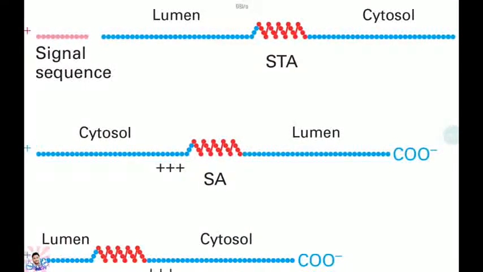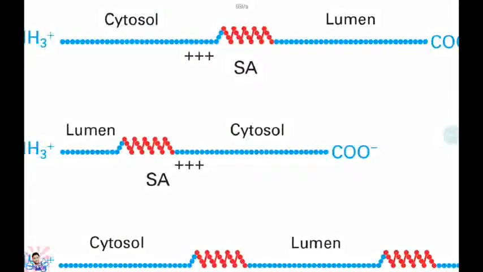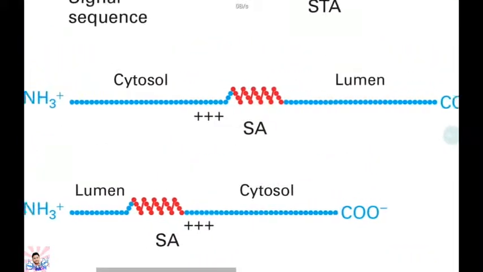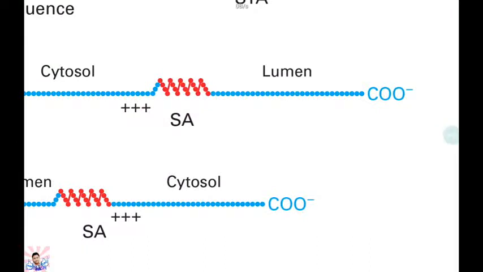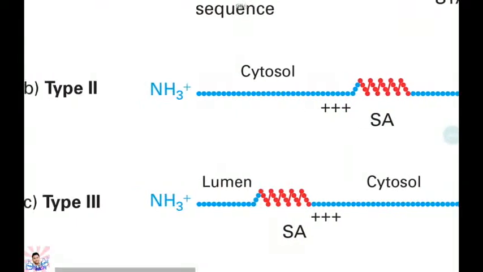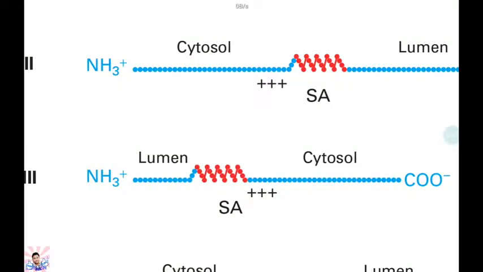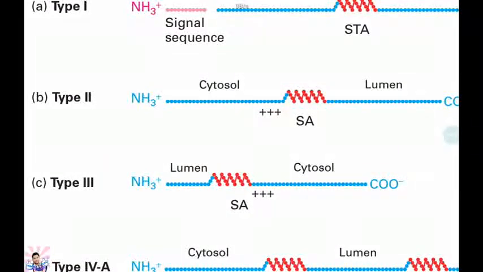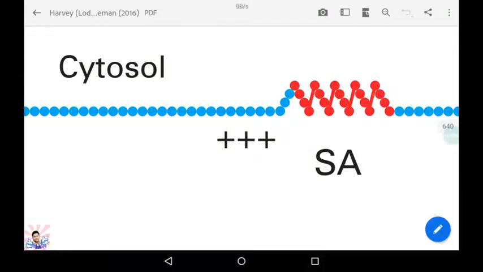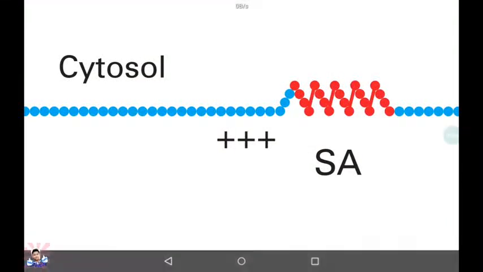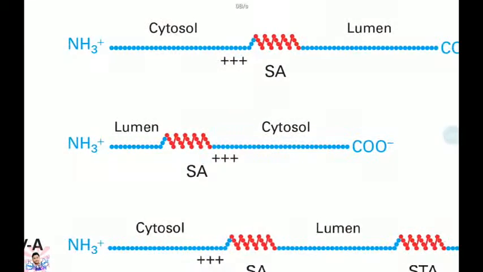Here is the cytosol with the positive charge, and the carboxyl terminal is just opposite to that of type 2. So these are the two basic things: the positive charge must be present towards the cytosol region, and the carboxyl group and amino group don't matter wherever they are.